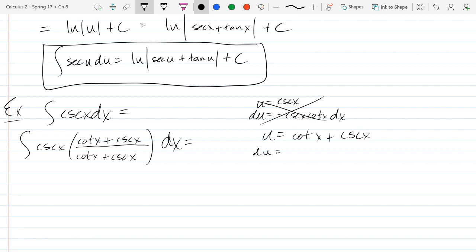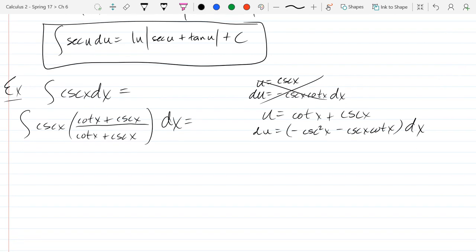The derivative of cotangent is negative cosecant squared. The derivative of cosecant is negative cosecant cotangent. So the cosecant and cotangent derivatives are just like the tangent and secant ones, except they're negatives, and they use all the cofunctions.